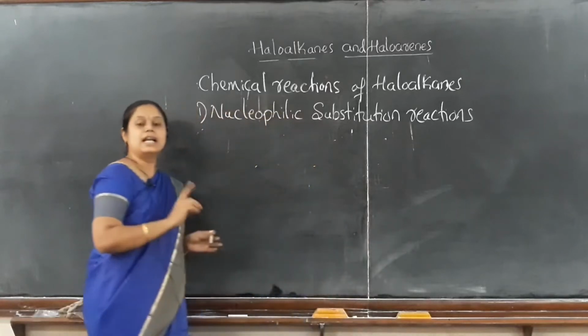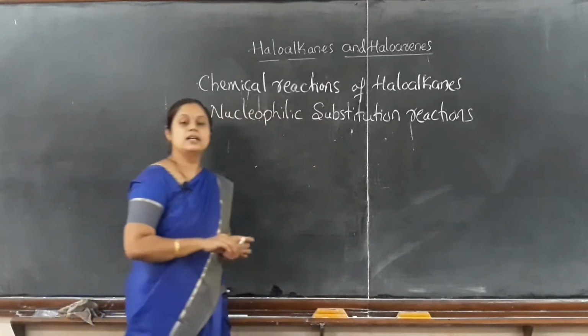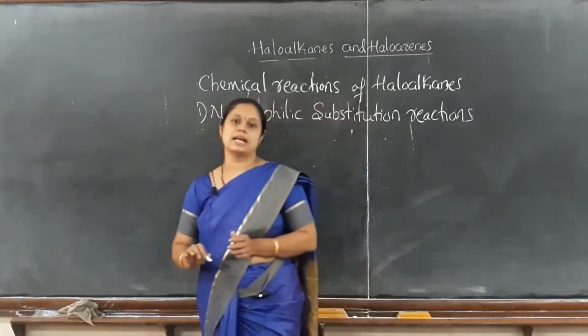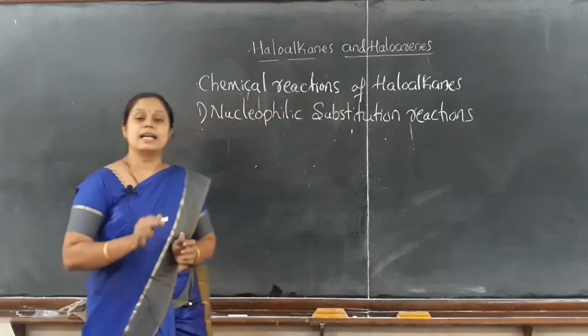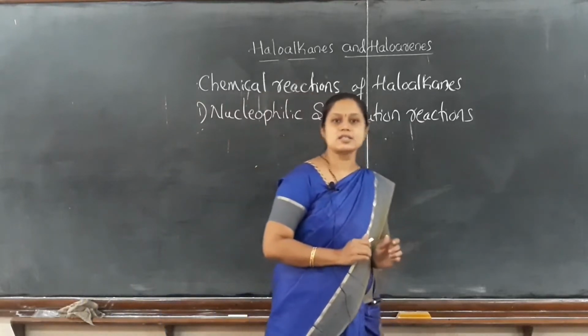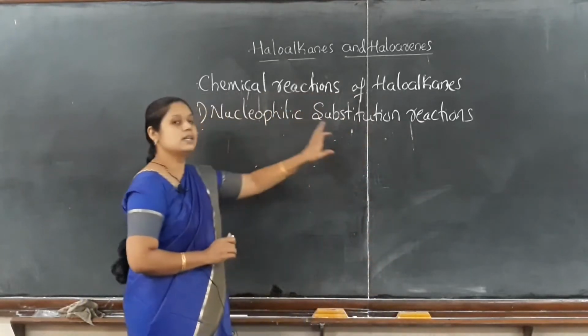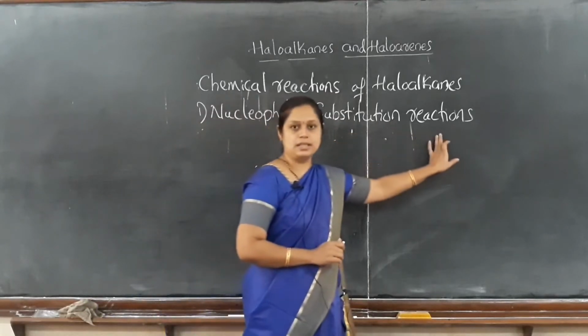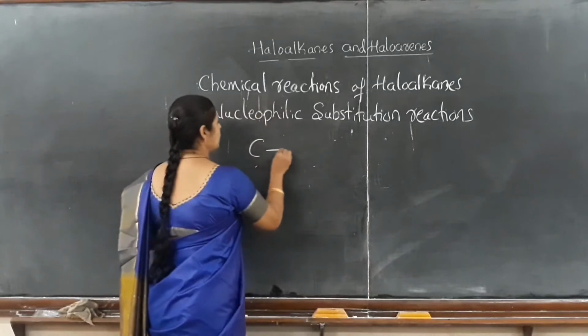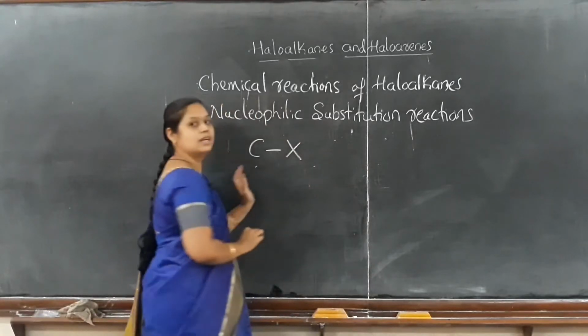When an alkyl halide is treated with a nucleophile, there is a substitution of a halogen atom by the nucleophile, and as the reaction is initiated by a nucleophile, it is called a nucleophilic substitution reaction. In an alkyl halide, we have carbon and a halogen.